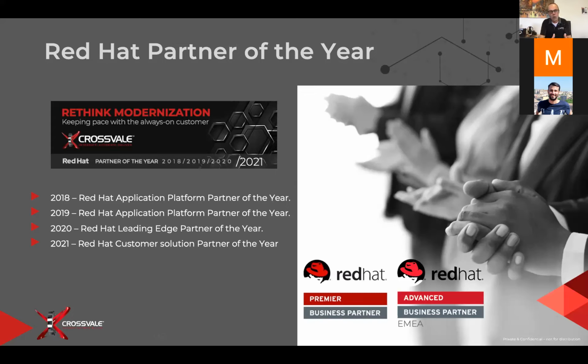But this year, whereas in the past it's been our application platform built on OpenShift, it's been our leading edge processes built on OpenStack and OpenShift, and this year it's on our customer solutions, which is really all about the higher layers of the middleware, business process automation, things like this, BPM, and tools like this. And that was particularly in the banking sector where we won that award. So I'm delighted for the greater Crossvale team that was able to deliver that, and continues, in fact, to today to continue to deliver that to that client.